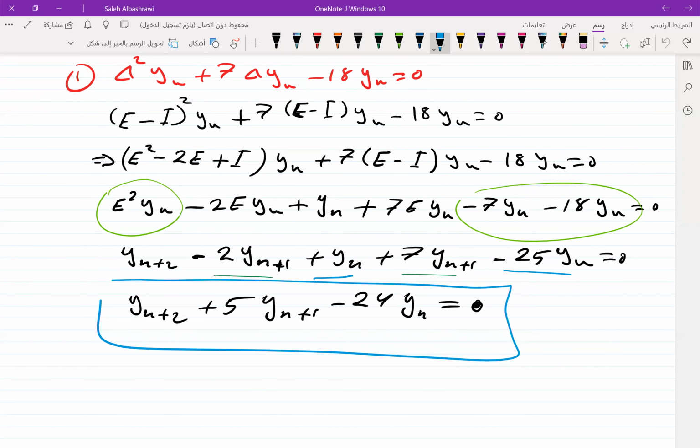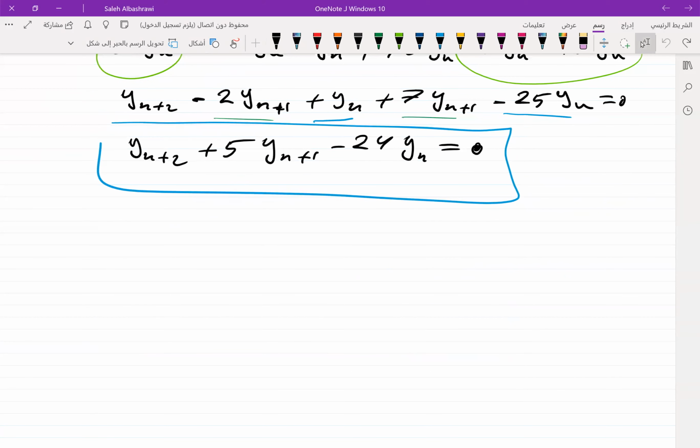Take another example. Number 2. Delta to power 3 y sub n plus delta y sub n equal to 0. Again, we need to write it in a form free from delta.